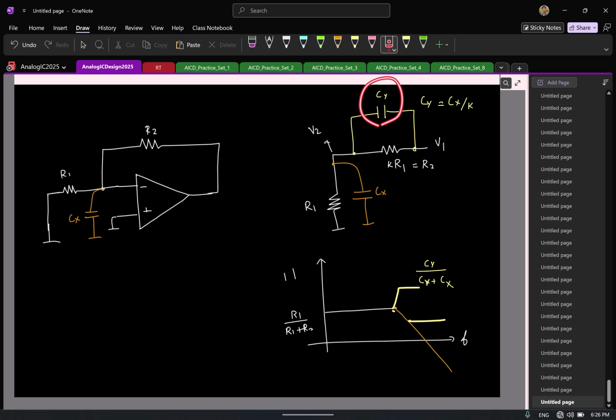So now I go and put a capacitor here, and if I choose the capacitance value so that it is equal to the capacitance Cx by K, what will happen now? Okay, what happens to this ratio first? 1 by K by 1 plus 1 by K. How much is that?